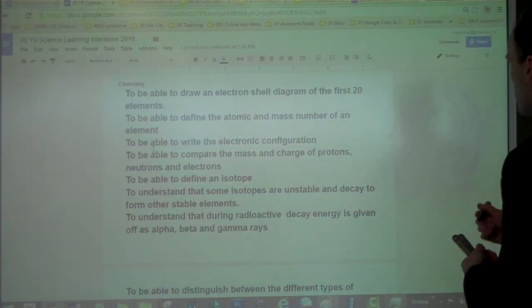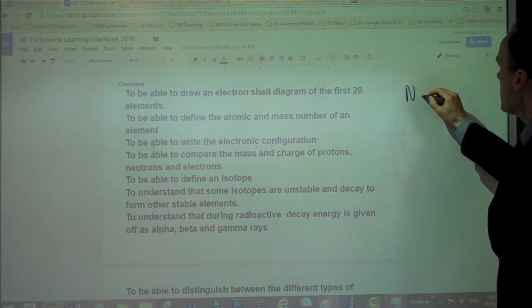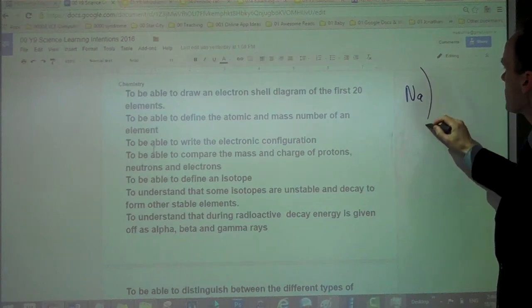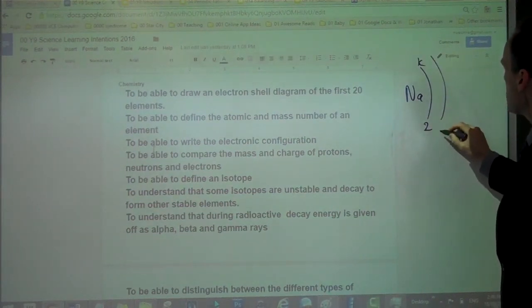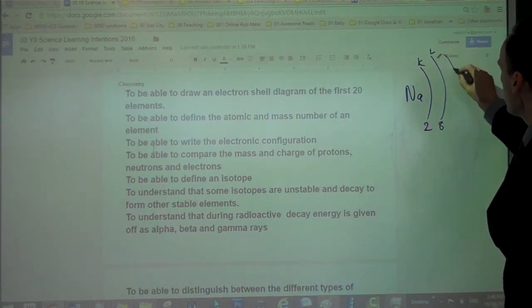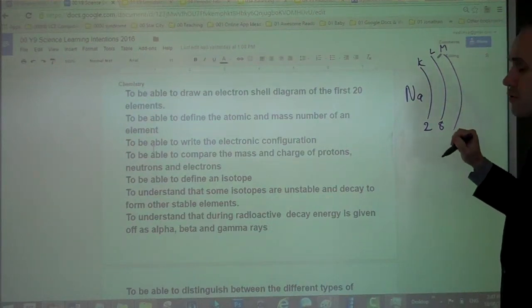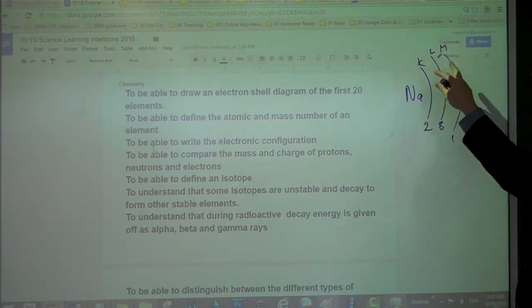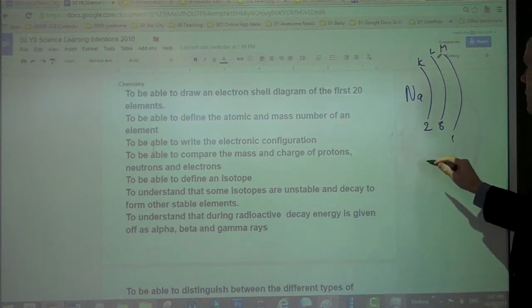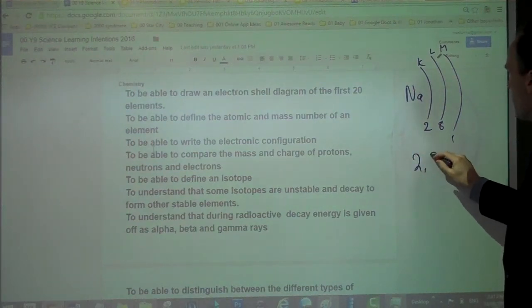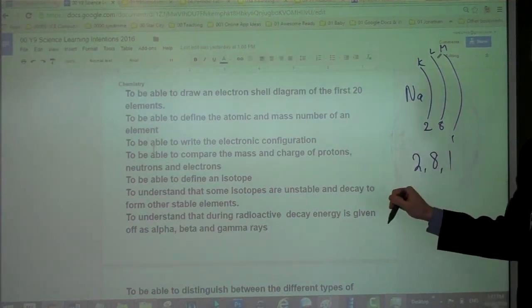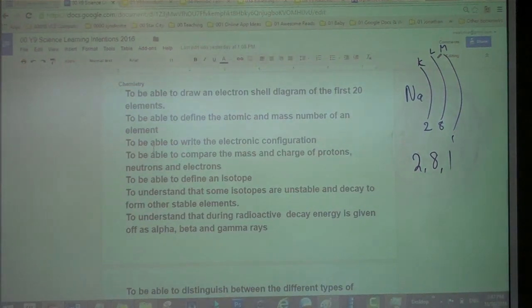So again, if we chose sodium as our example, sodium has 2 electrons in the K shell, 8 electrons in the L, and 1 electron in the M. This is as a simple diagram, so the electron configuration is 2, 8, 1. It just lists the electron number of each shell.